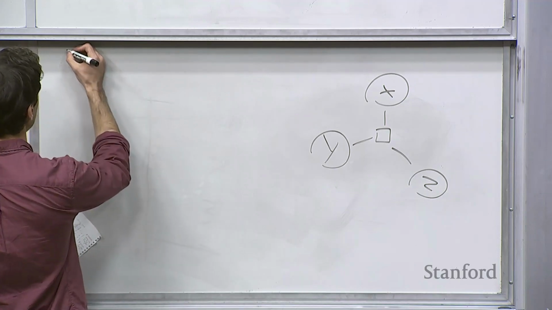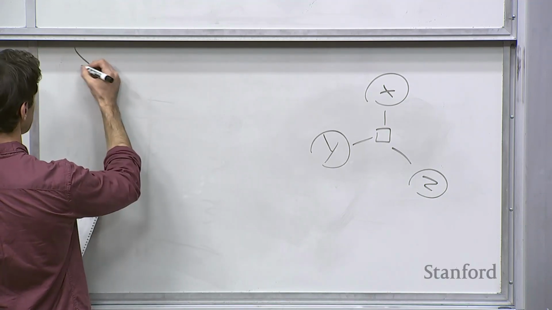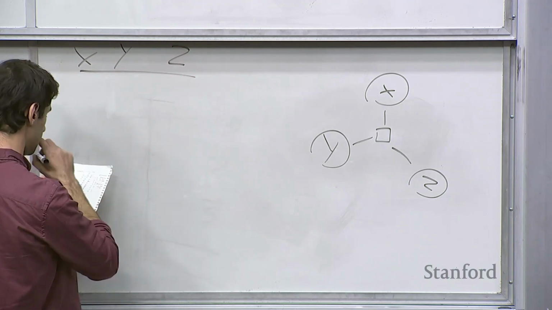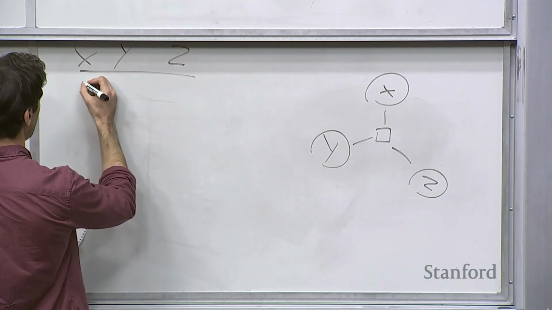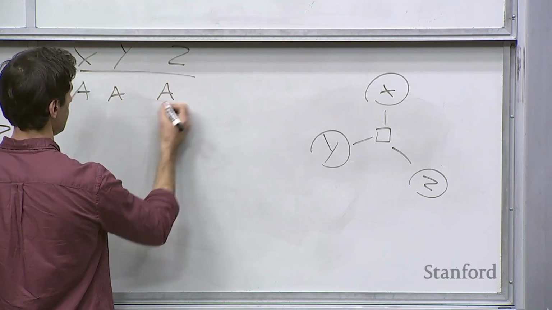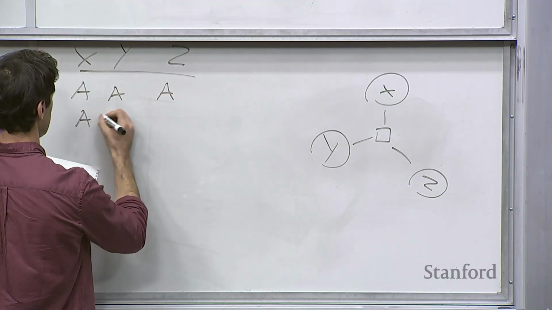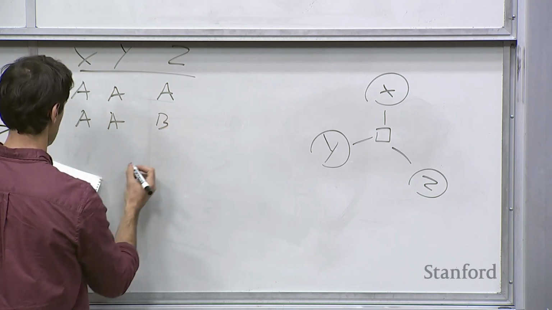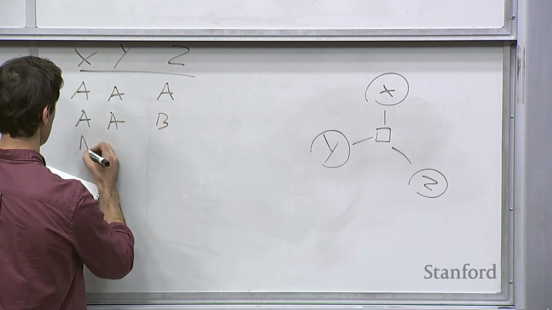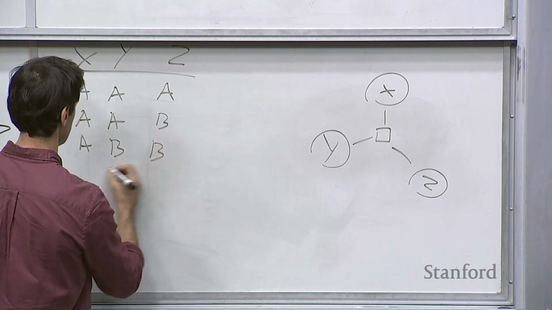I'm going to write out the whole table for this. So we have x, y, and z, and let's say they have two values. They could be a or b. So we have a, a, b. I'm going to run out of space. A, b, b.